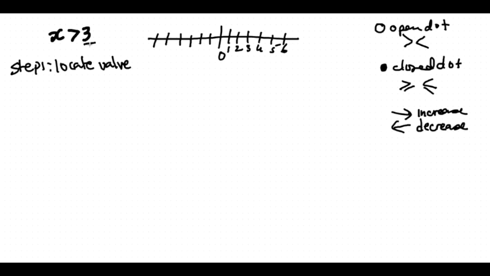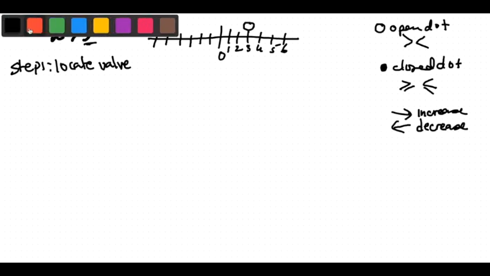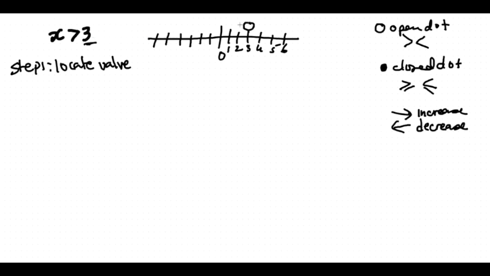So your value here is 3. So what you do is locate your value and just draw an empty dot, an open dot, right? Because remember, an open dot will be your most basic dot. If you have to shade it in, you will do that accordingly. So you're going to locate your number 3 and place your open dot, right?